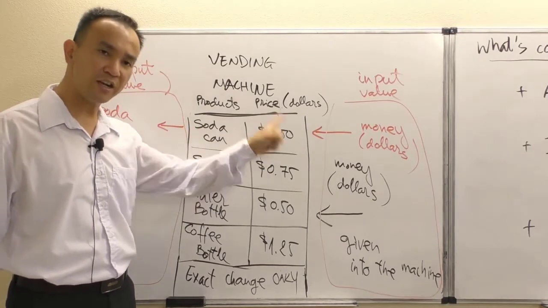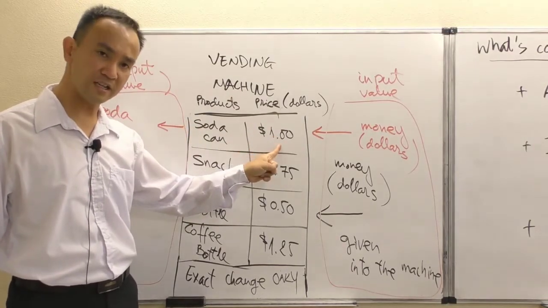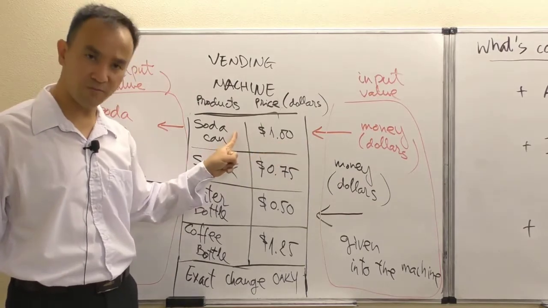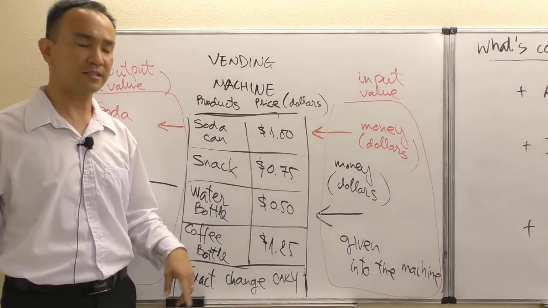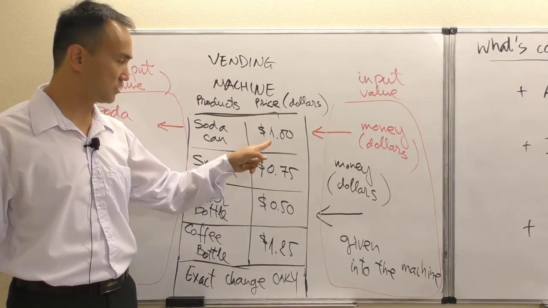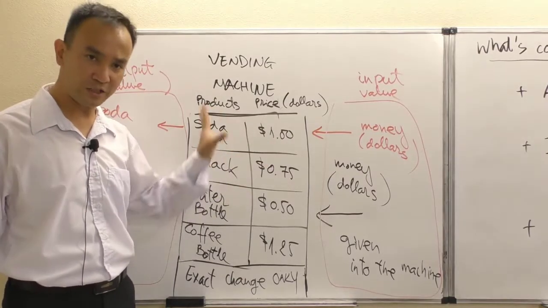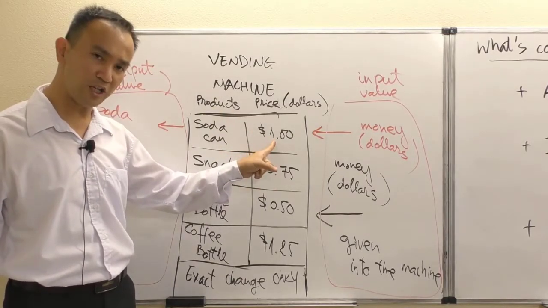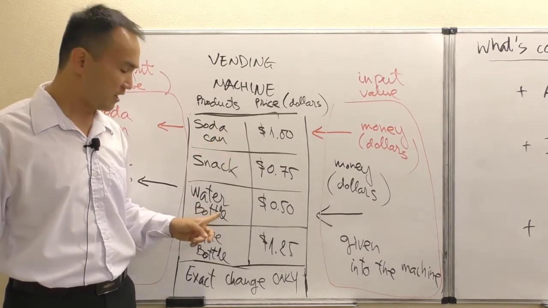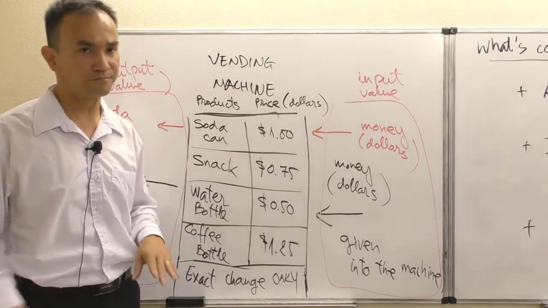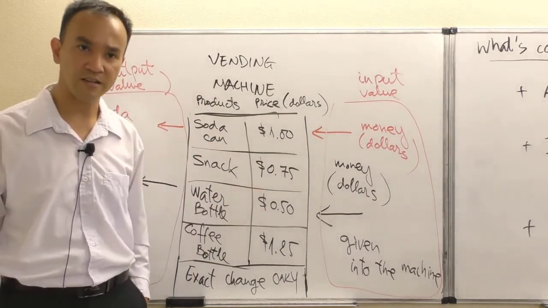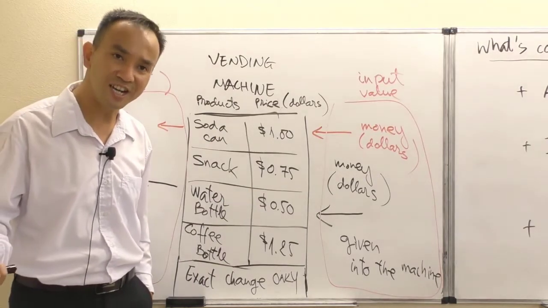So if you're running this rule again, provided the input is $1, you have to end up with a soda can. It makes no sense that going in with $1 you get a soda can, and the next time you come out with a water bottle. That's a bad and ill-designed machine.